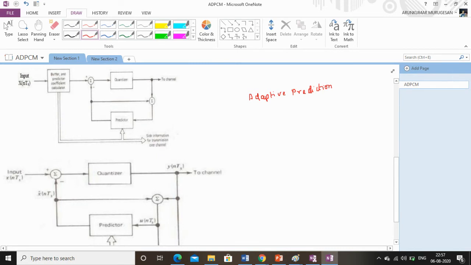So the autocorrelation function and power spectral density of the speech signal are time varying. So in adaptive prediction, the prediction coefficient is also time varying, that is, adaptive.